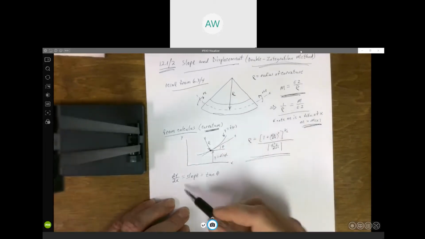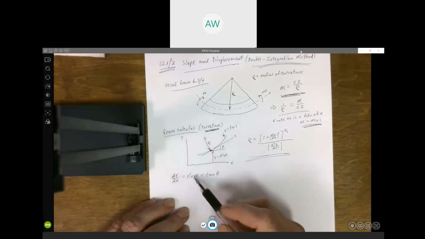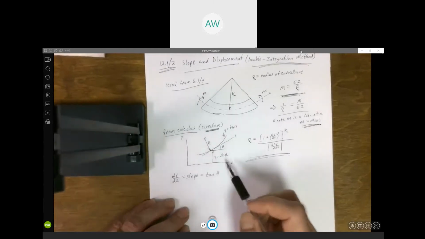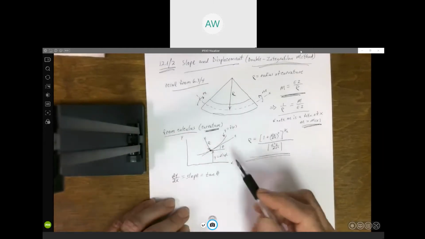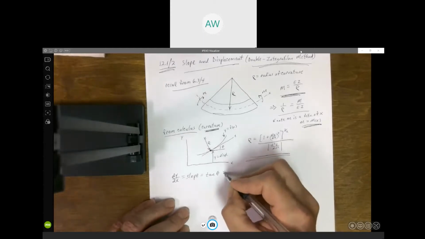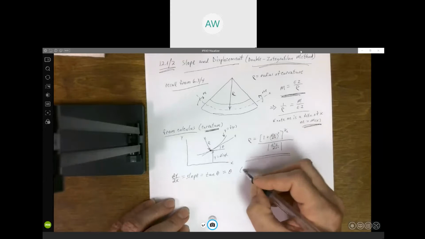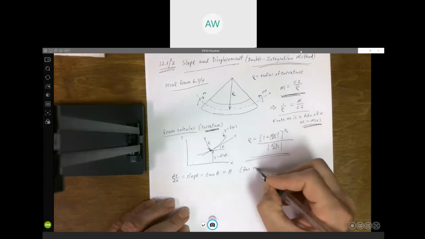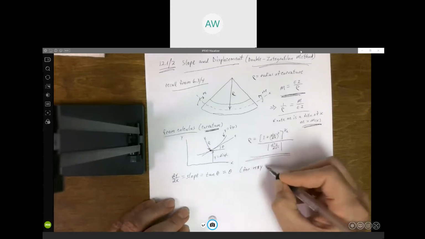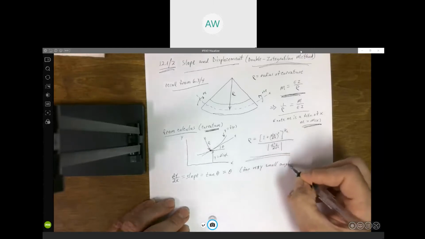That's what the derivative is, the slope of the tangent line, rise over run. But for our purposes, that's approximately equal to theta, for a very small angle theta.